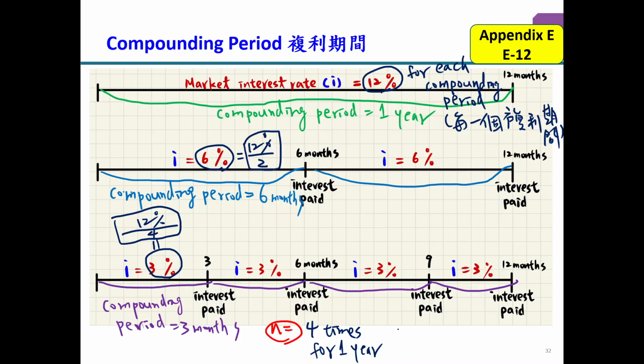But the problem is, what if your period is not only 1 year, it's 3 years, okay? So what if it's 3 years? Remember, we want to know the total number. So not only for 1 year, you have to multiply by how many years? Then you can get the total number.